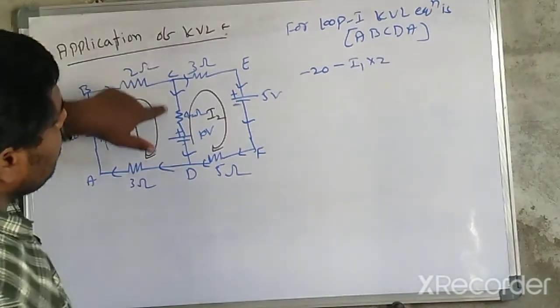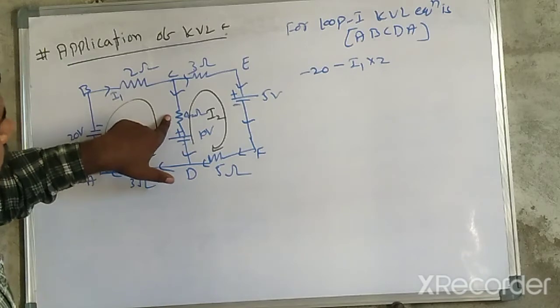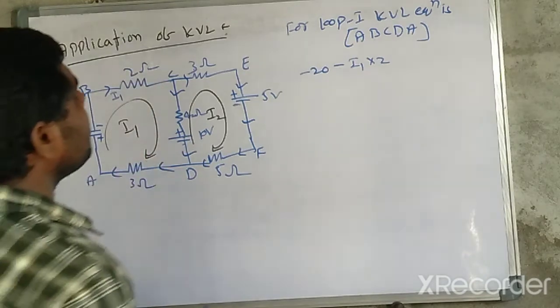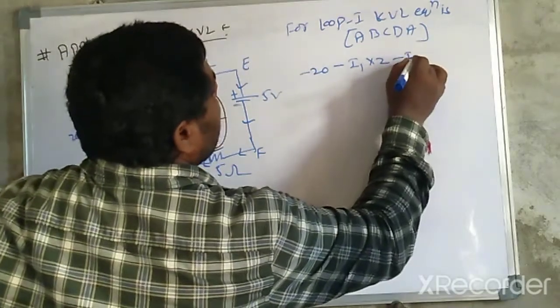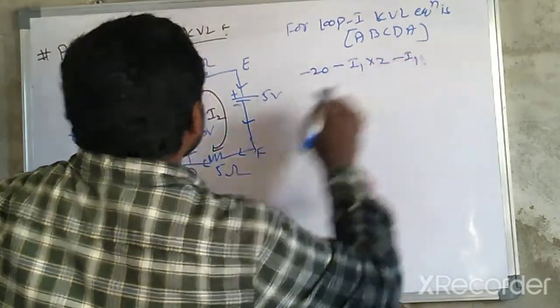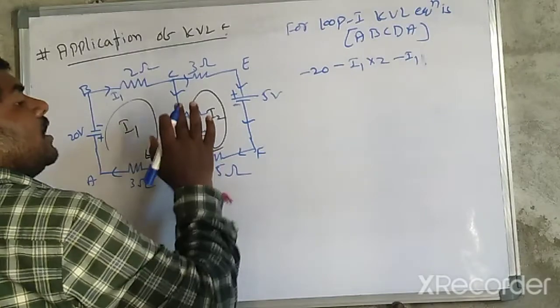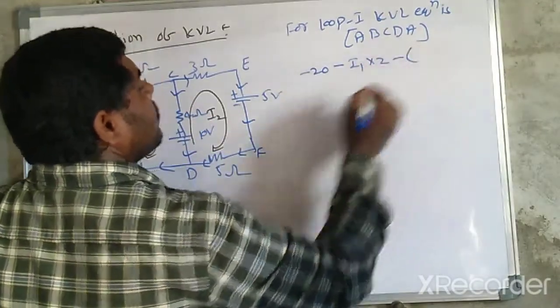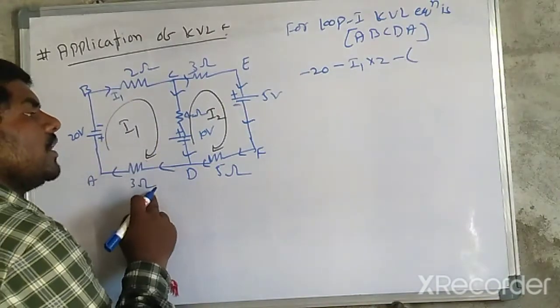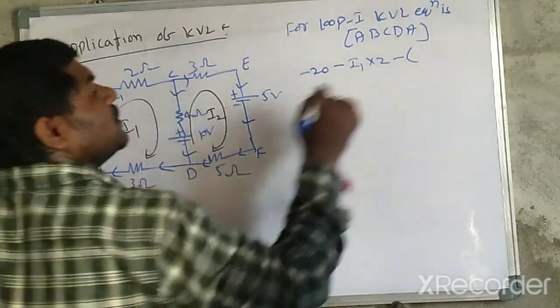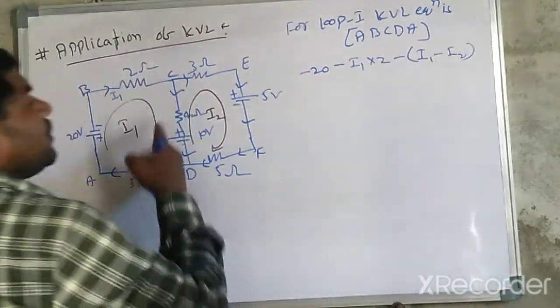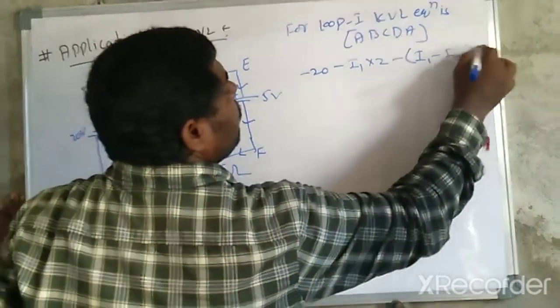That's why minus I1 into 2. Similarly here the current direction is downward and your path is also downward. That's why minus, and here you write the net current. I1 is moving downward, I2 moving upward, that's why I1 minus I2 into resistor value 4.